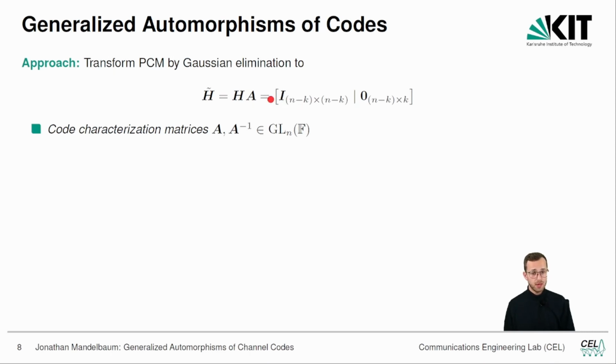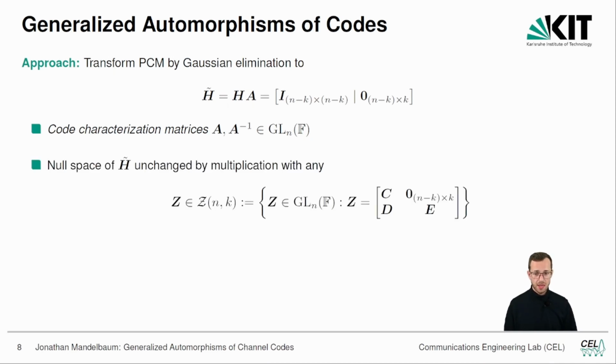This matrix A here is named the code characterization matrix because it fully characterizes our code. At this point, notice that the code defined by H tilde is very easy to describe because it only consists of all unit vectors with entries in its last entries.